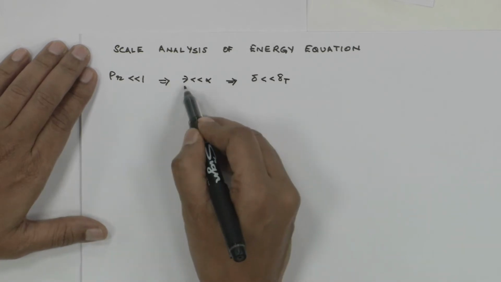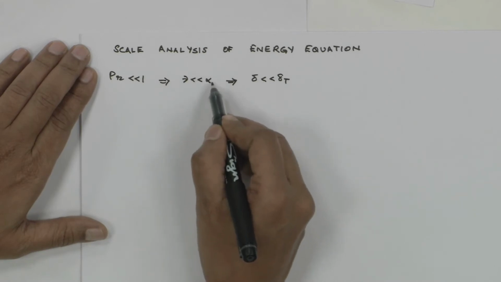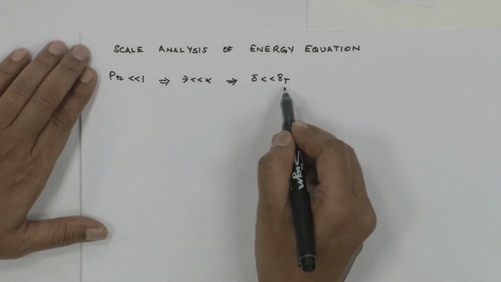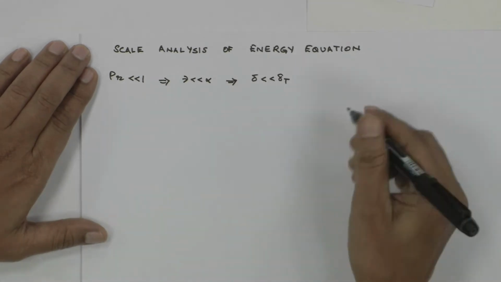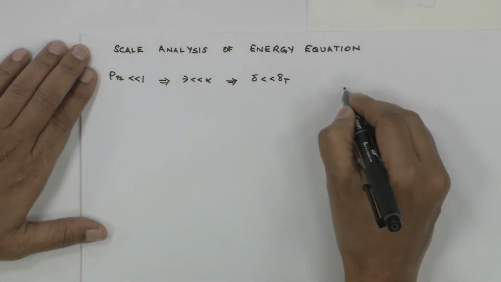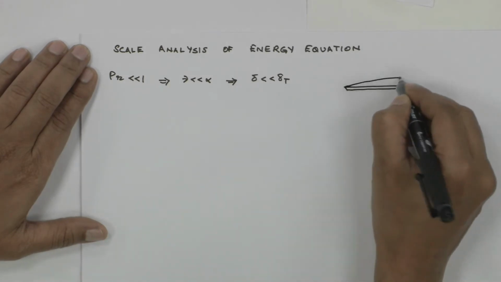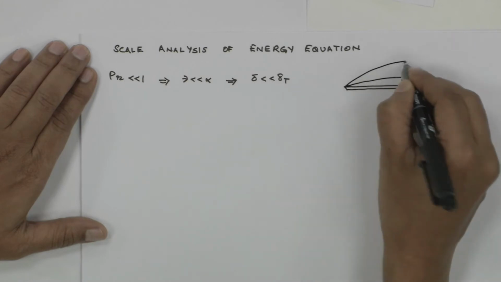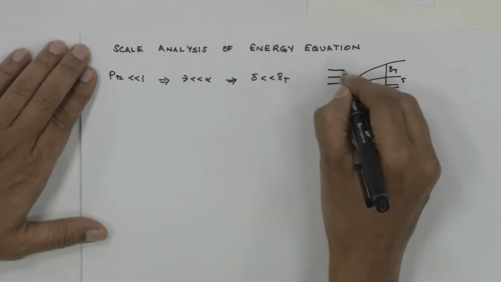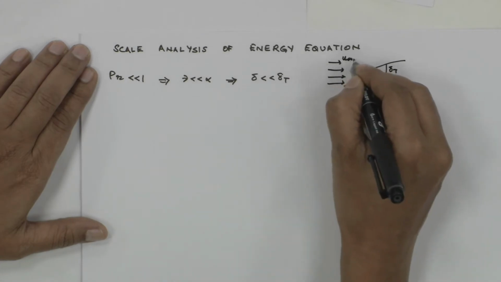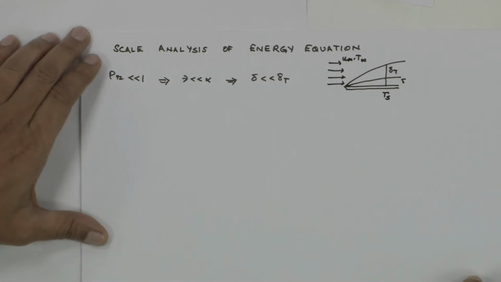Alpha is greater than nu, which means for longer lengths this alpha can diffuse. That's why delta_t is greater than delta. So if I draw that flat plate, you have delta and you have delta_t. This is your U infinity, T infinity, and this plate is maintained at temperature Ts.